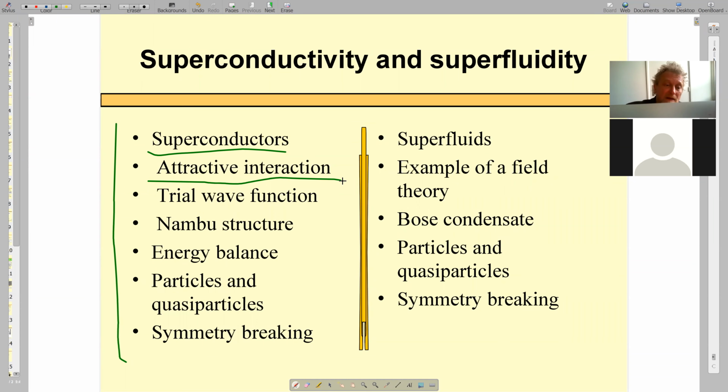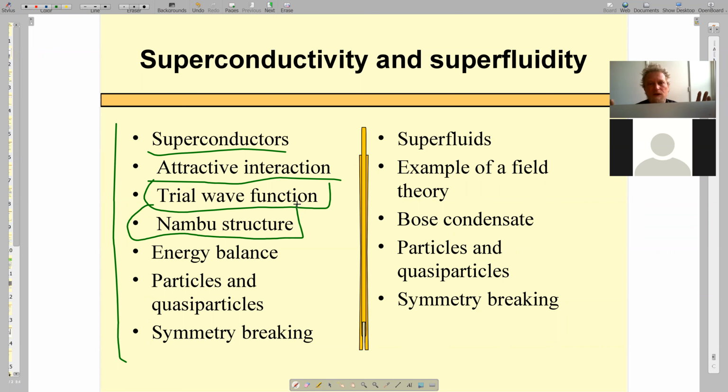We will introduce a trial wave function. That will be very fancy, so we need to look at its structure in more detail.